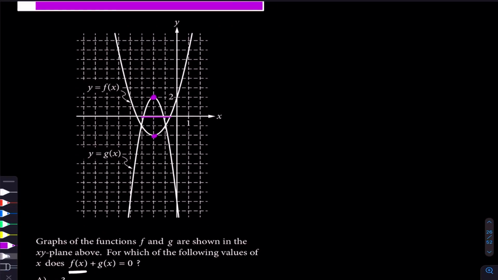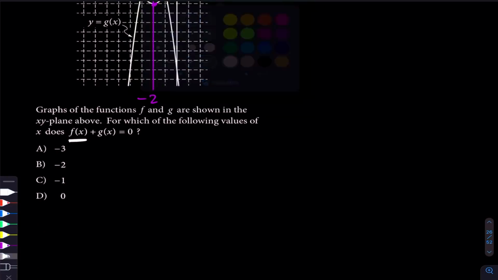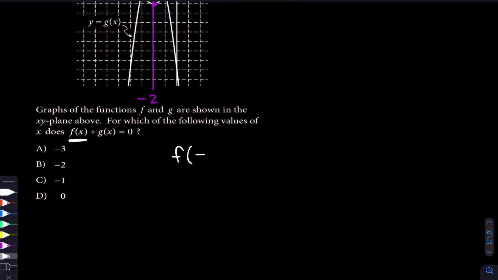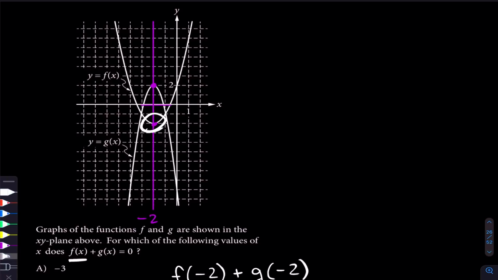So this is where we're looking. This would be x equals -2. It's hard to see the y-axis here. So this is the y-axis, and therefore this is -1, and this would be -2. I can write this out with notation to get you feeling more comfortable with it. If we are looking at x equals -2, f of -2, that's the y value for the f graph, is -2.